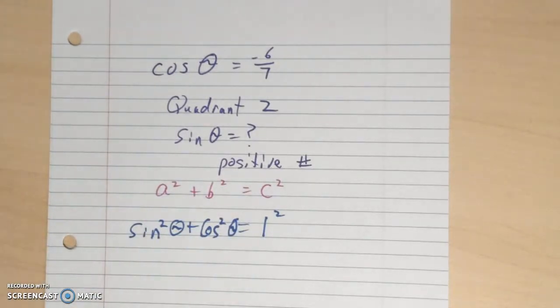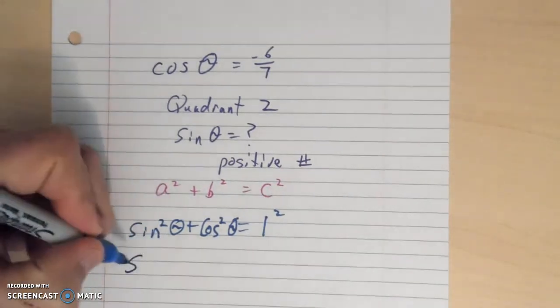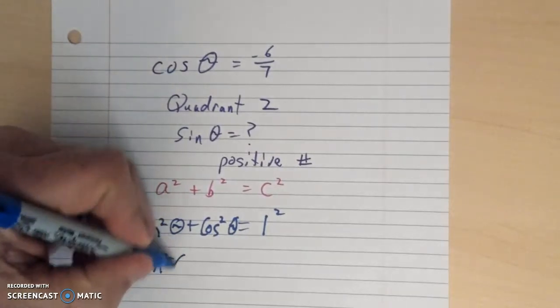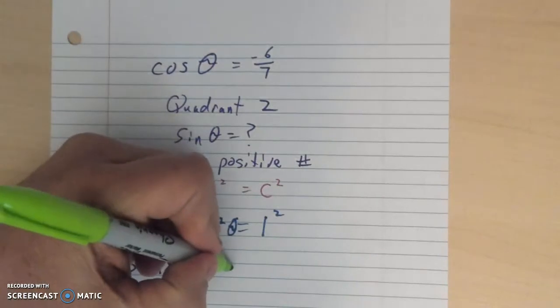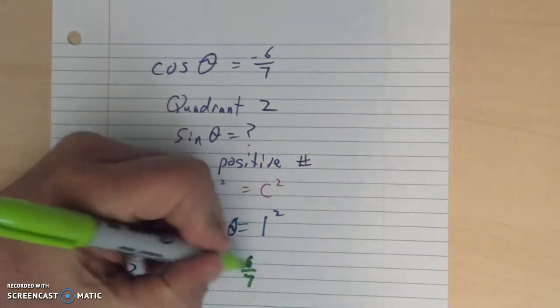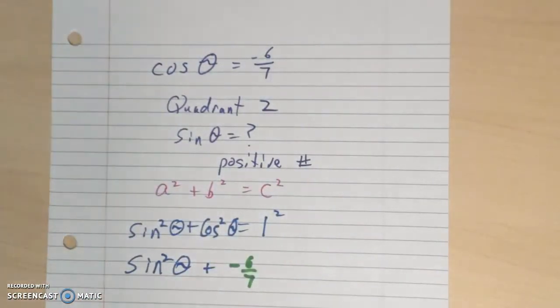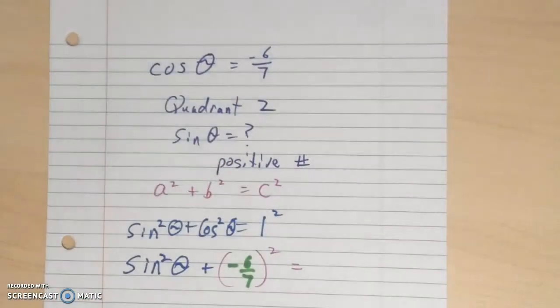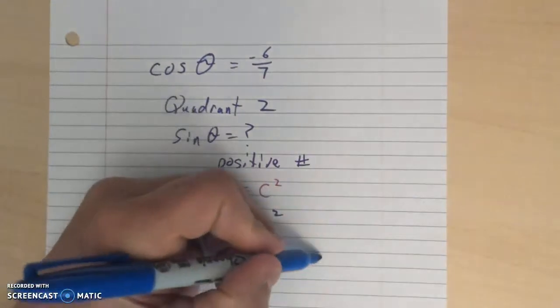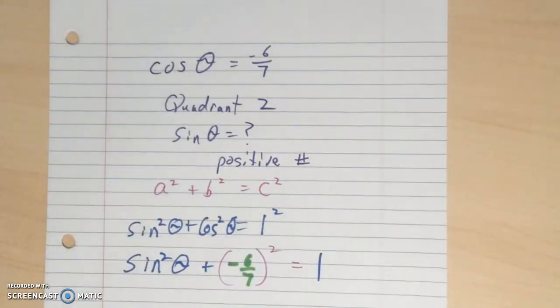So now the other thing we know is what the cosine is. So we still haven't figured out the sine squared theta, but we know the cosine is -6/7. Now we have to square that, and then 1 squared is just 1. 1 times 1 is 1.